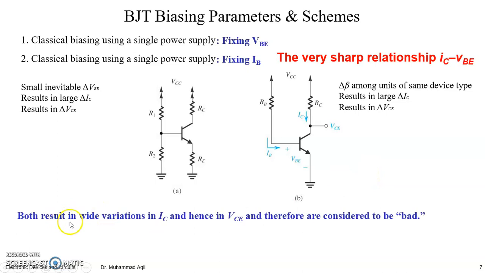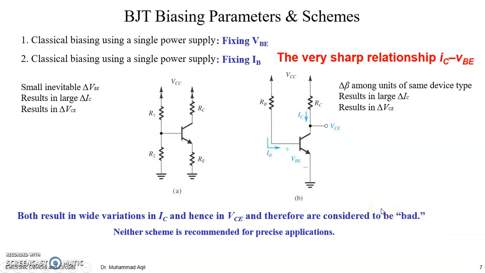So both these classical biasing schemes are considered to be bad, and neither scheme is recommended for precise applications. For precise applications, we need to explore other biasing schemes. But for basic introduction of transistor biasing and for non-precise applications, it is in the studies, right?